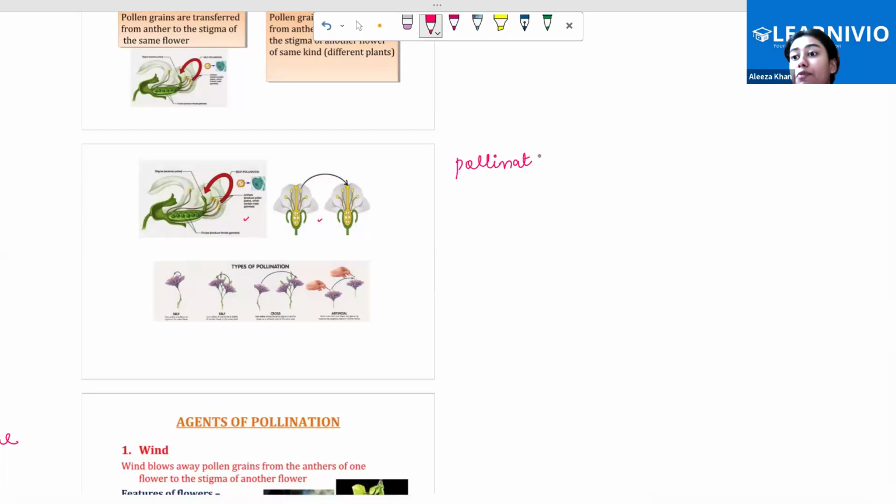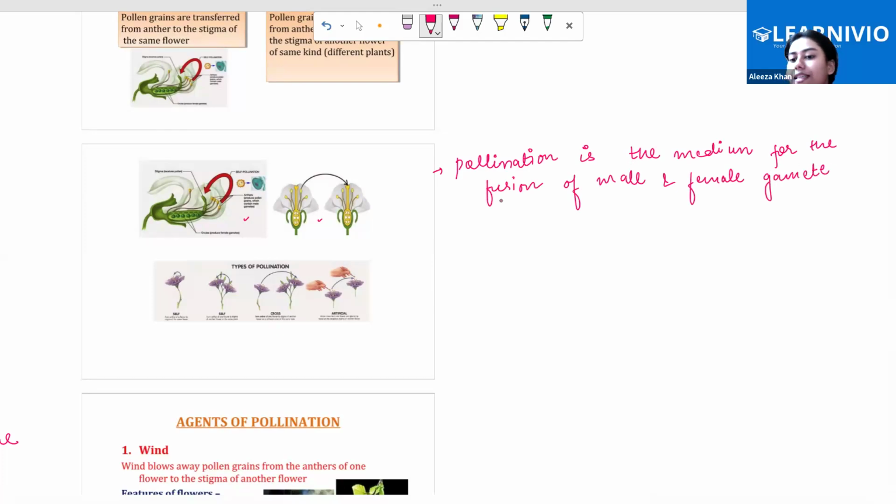Pollination is the medium for the fusion of male and female gametes.